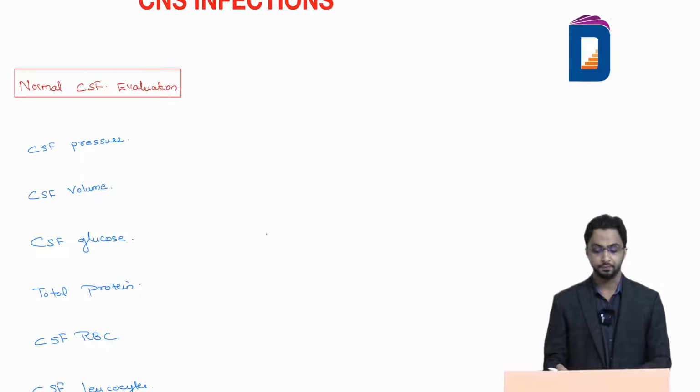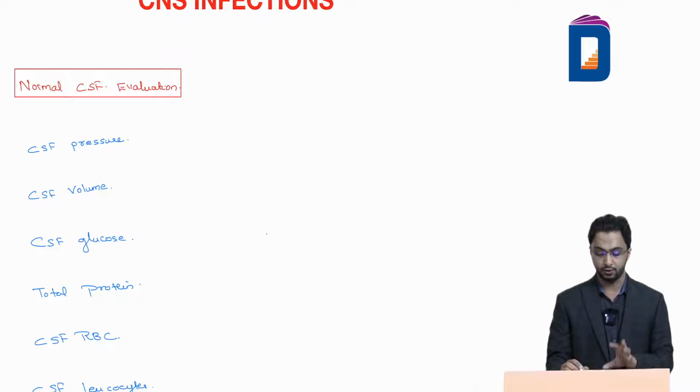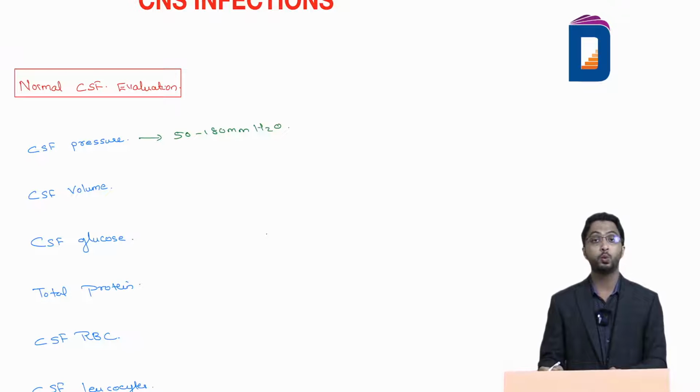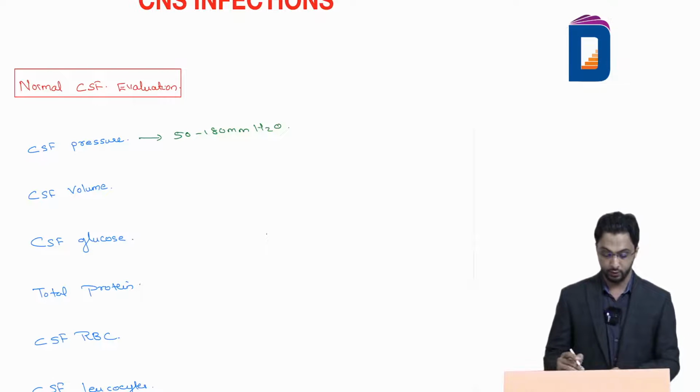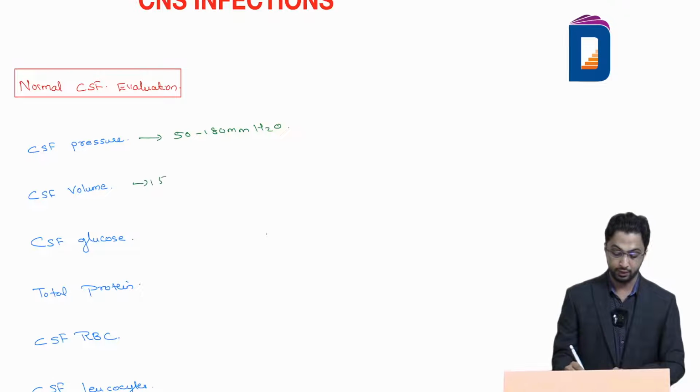Now see, in meningitis, the CSF pressure, the intracranial pressure, increases. So what is the normal value? The normal value is 50 to 180 mm of water, not mercury. Now CSF volume is not very significant, but just to give you an understanding of CSF evaluation, CSF volume is 150 ml.